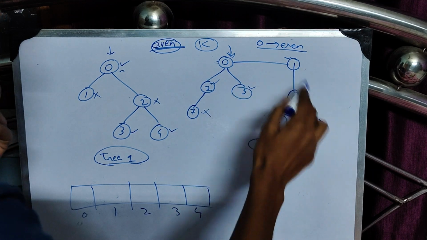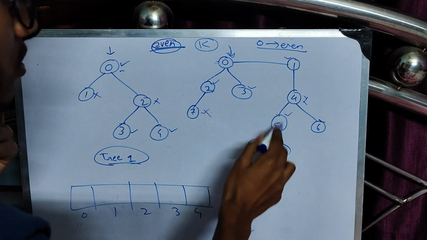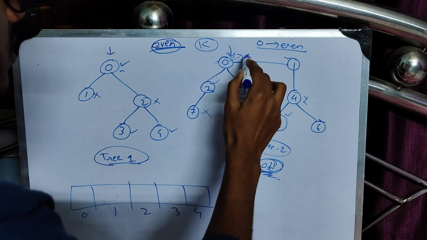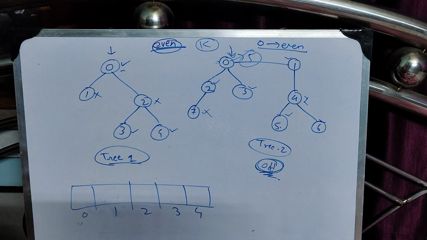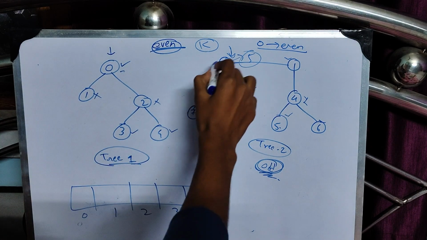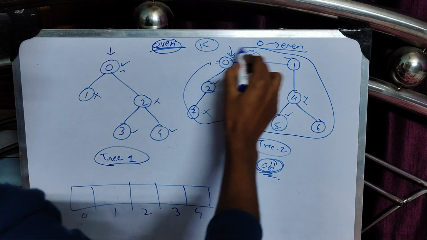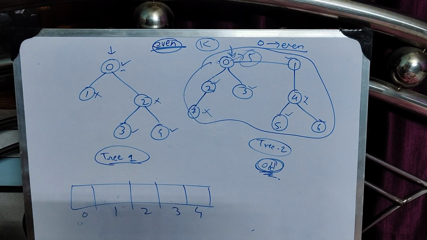This is 1, 2, 3, 4, then 1, 2, 3, 4, 5. For 0 it will be 5. Like this, you need to calculate for each and every node, and you will get the golden node.